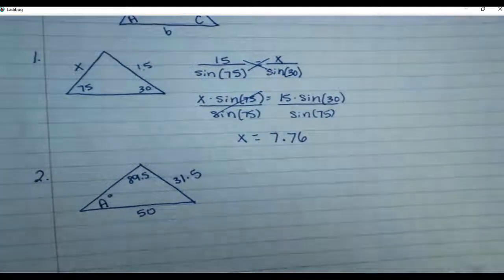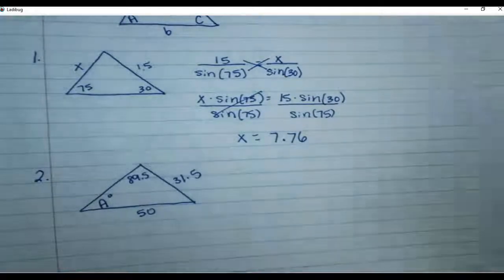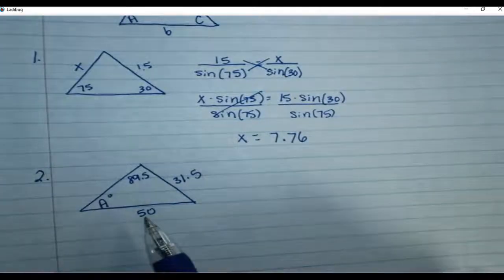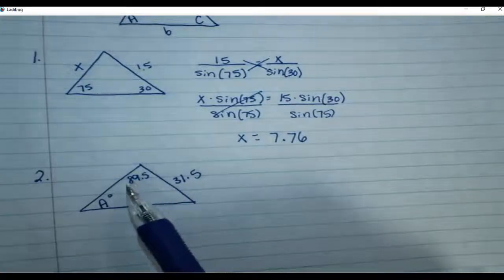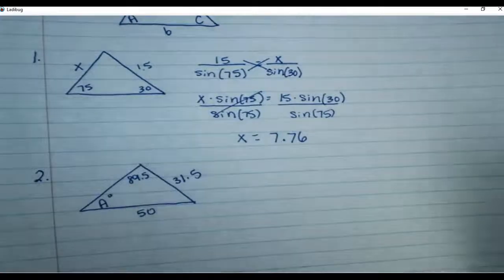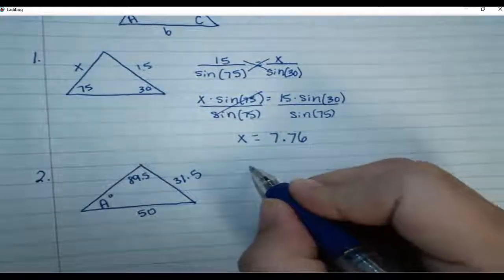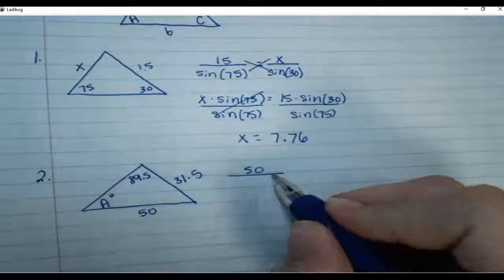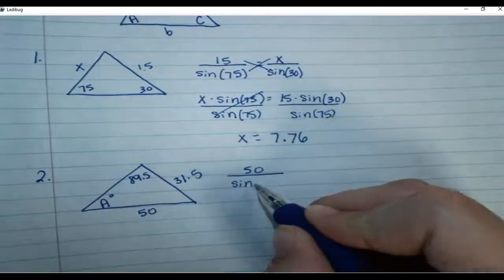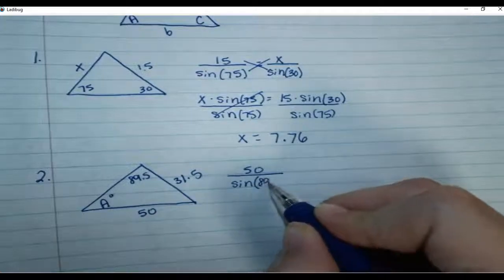Okay, so our only requirement is that we know a side and the angle that it's opposite from. Do we know that? Yeah, because we got the 50 and it's opposite of the 89.5. So we can use that one.